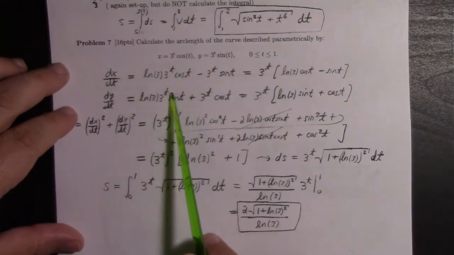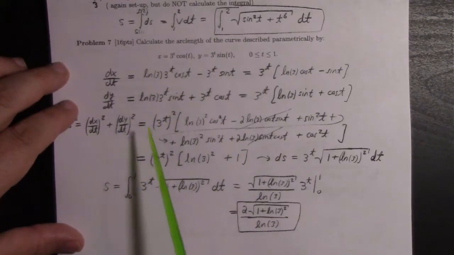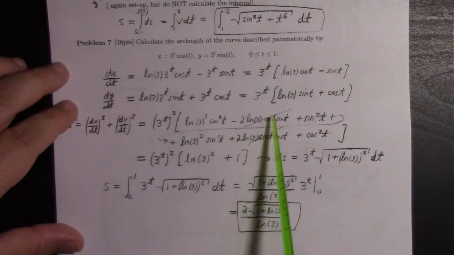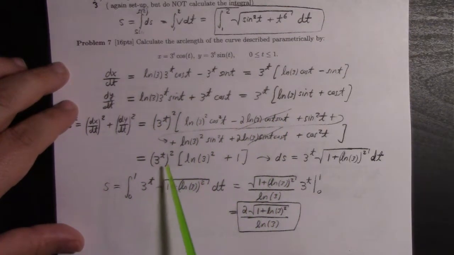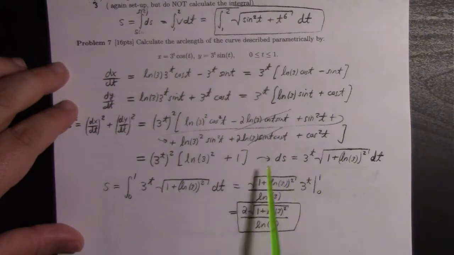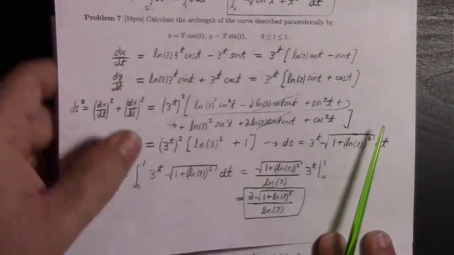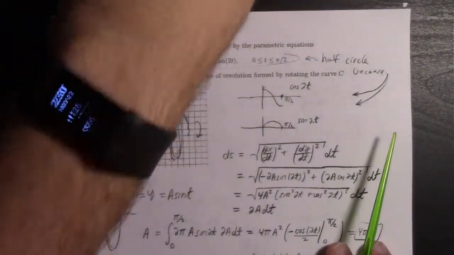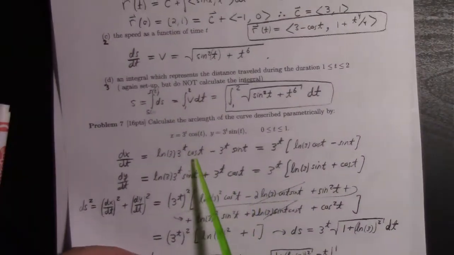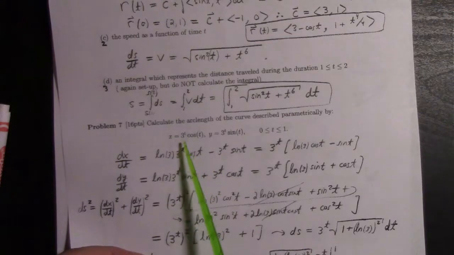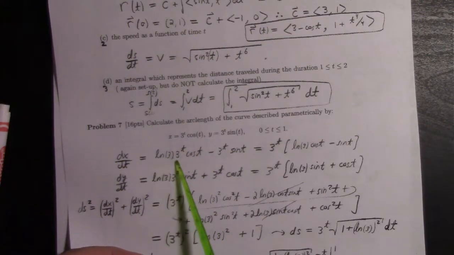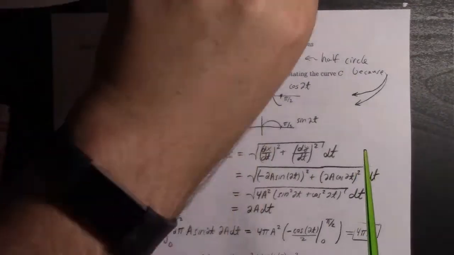You calculate dx/dt, calculate dy/dt, add the squares of them, simplify, things cancel, and you get something relatively nice, which you can then integrate. Not that bad, actually. It just looks kind of scary. Although if you don't know how to differentiate 3 to the t, you'll be in trouble, right? The derivative of 3 to the t is log 3 times 3 to the t.